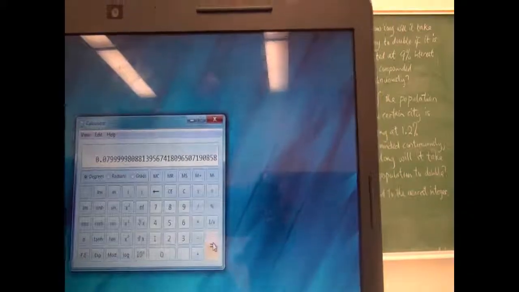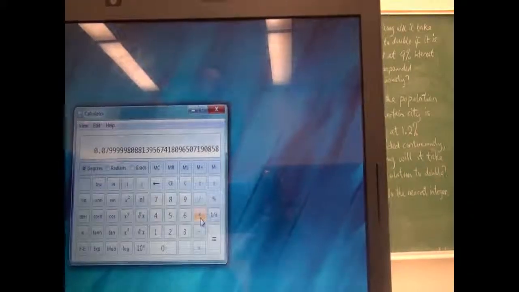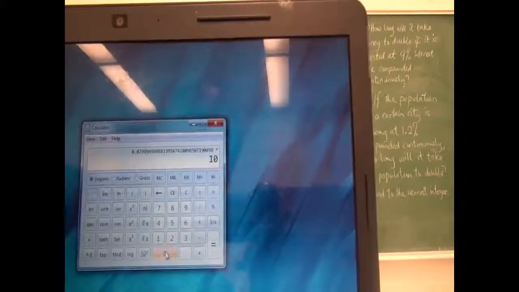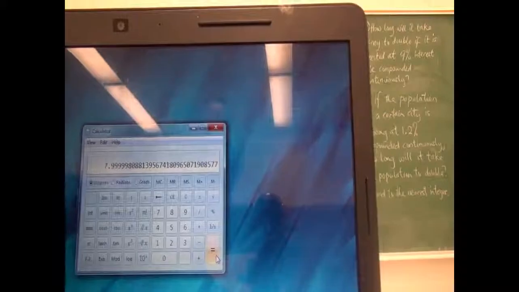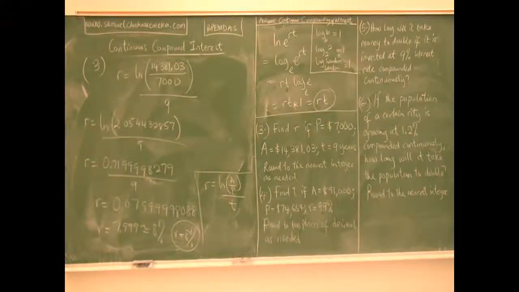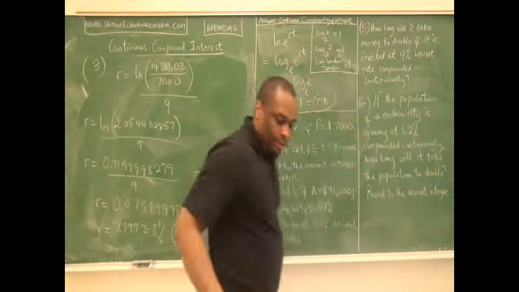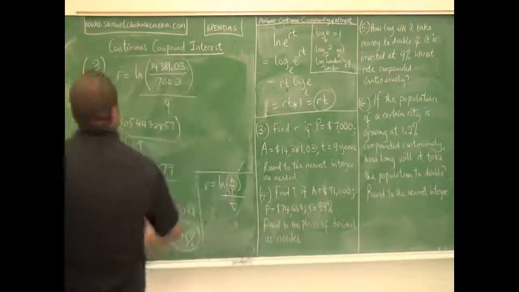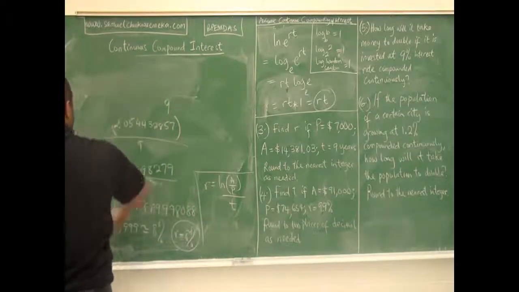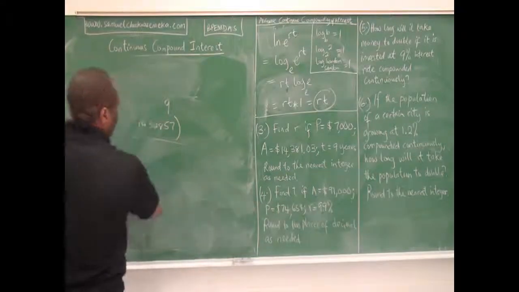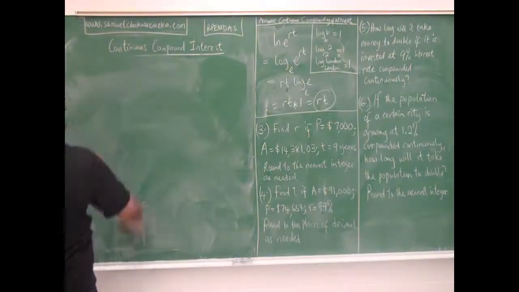Press equal to, it gives you that, and then you multiply by 100. All right, folks, you got it right. I think that's the part that will take us time, which I've done. The rest won't really take us time.